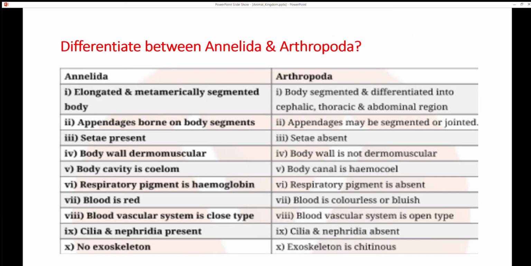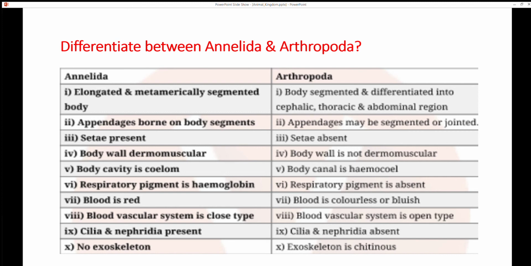The next question: if you know the characteristics of each phylum, you will score 20 marks in the exam. That is very, very important in invertebrates and vertebrates, chordates and other phylum divisions. Now the differences between Annelida and Arthropoda.